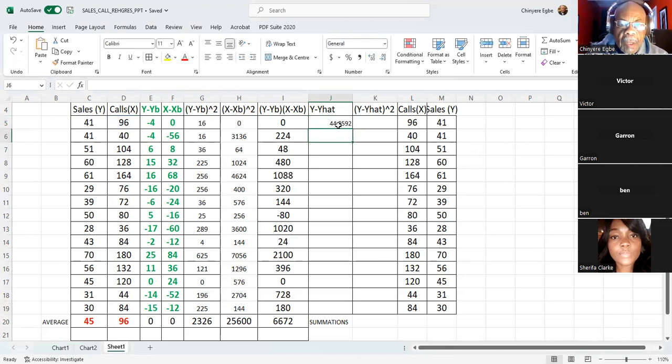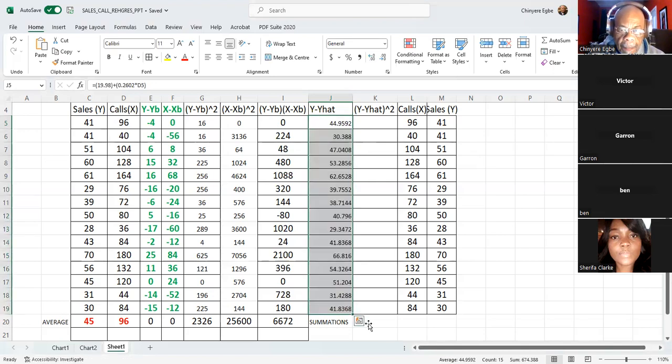Okay, so that is Y minus Y hat. And see, my correct cannot be all positive numbers. Y minus Y hat.